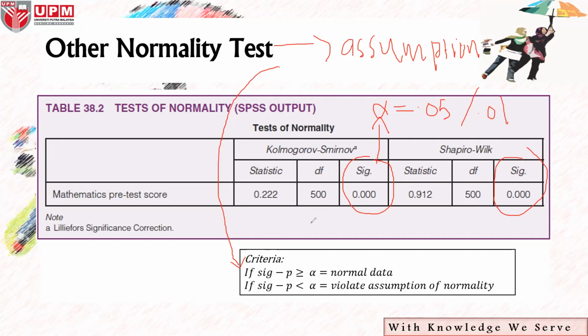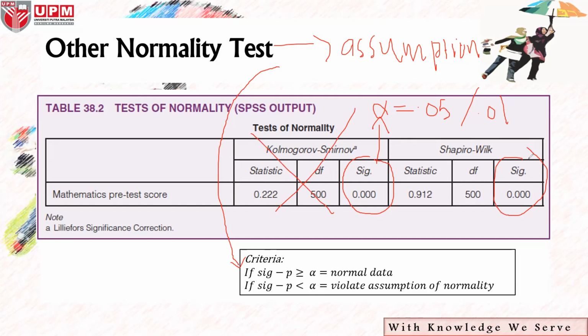or our data does not meet the assumption of normality. So in this case, for the first case, the significance of the Kolmogorov-Smirnov value is 0.000, larger or smaller than alpha 0.05? Smaller. So therefore, it violates the assumption of normality, meaning that our data are not normal.